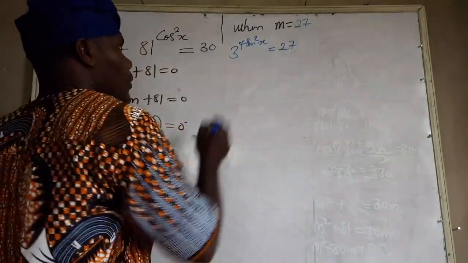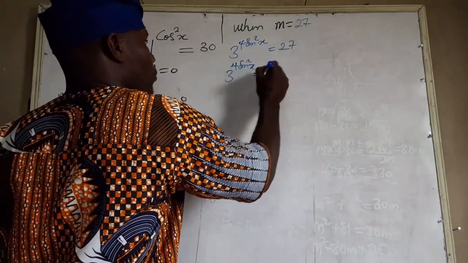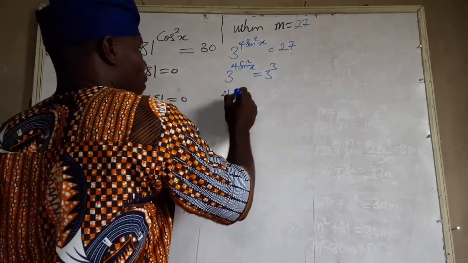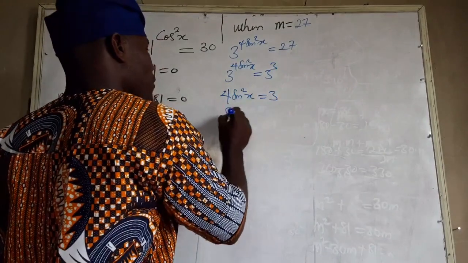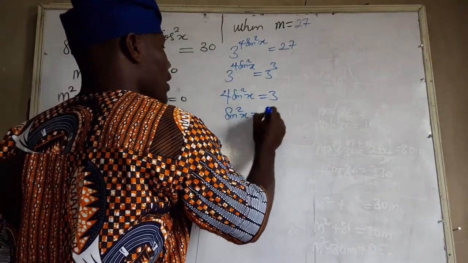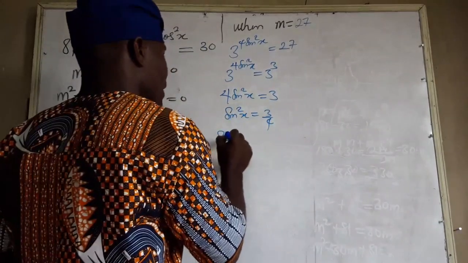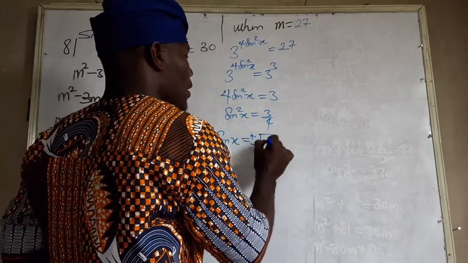Now, we have 3 raised to the power 4 sine square x is equal to 3 raised to the power 3. We go back to the law again. We have 4 sine square x is equal to 3. So we have sine square x is equal to 3 over 4. So let's find the value of x. We have sine x is equal to plus or minus square root of 3 over 4.